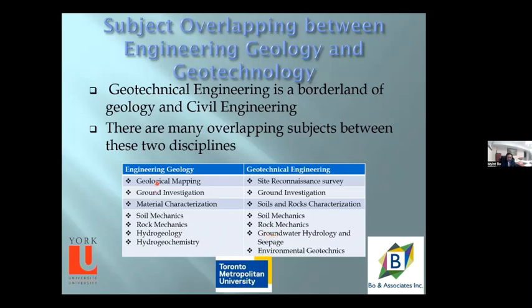And then there are similar sub-disciplines. While engineering geologists carry out geological mapping, geotechnical engineers carry out site reconnaissance surveys. While engineering geologists carry out material characterization, geotechnical engineers carry out soil and rock characterization. They also have some similarity in hydrogeochemistry and environmental geotechnics.